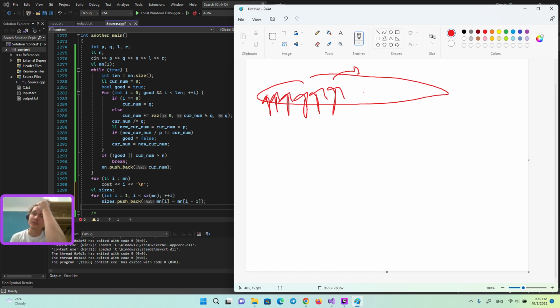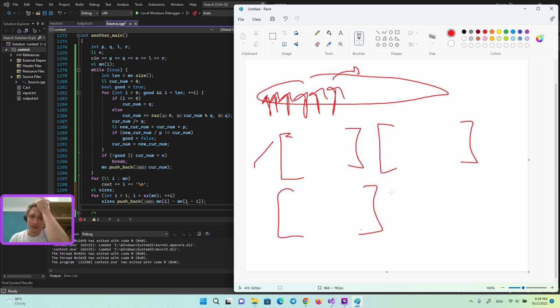How can I jump with these pointers? It's a tough question. So I have some beginnings. Okay, maybe I have a binary search.